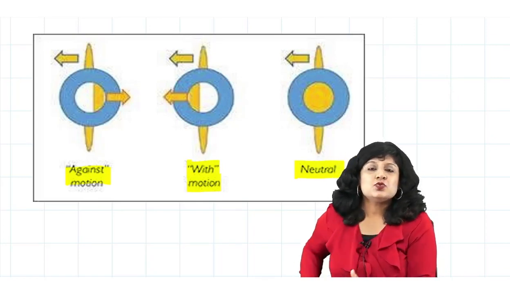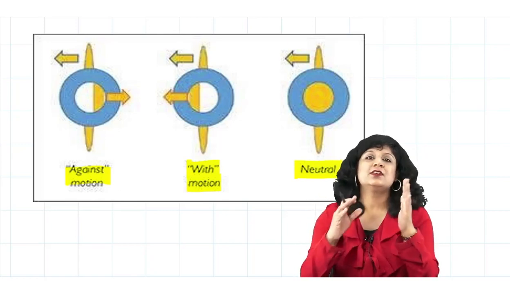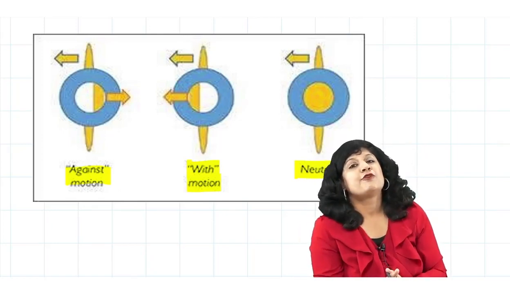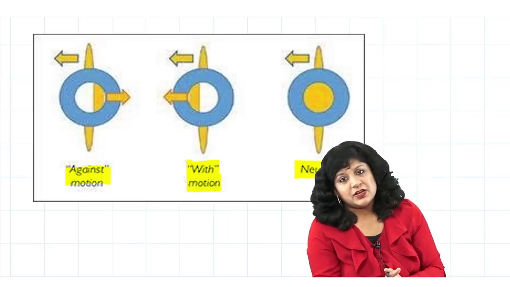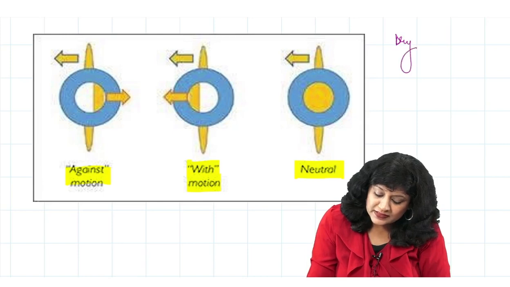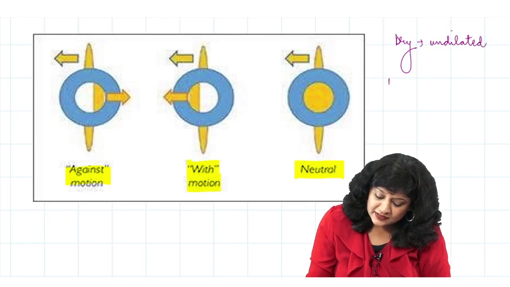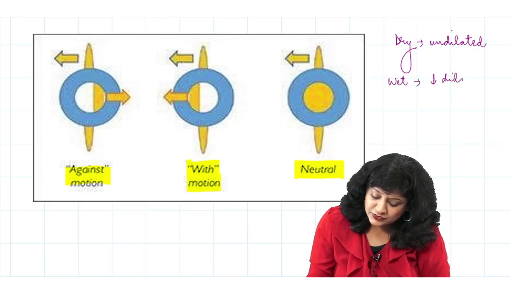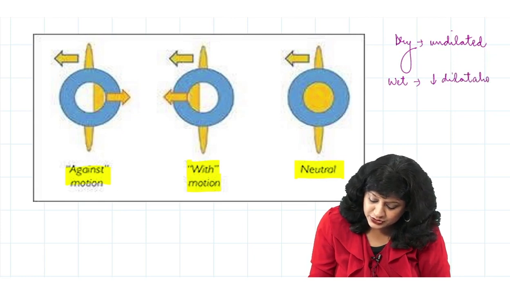See, there are two kinds of retinoscopies. One is dry retinoscopy and another is wet retinoscopy. Dry retinoscopy is mainly the undilated retinoscopy, while wet retinoscopy is refraction under dilatation.